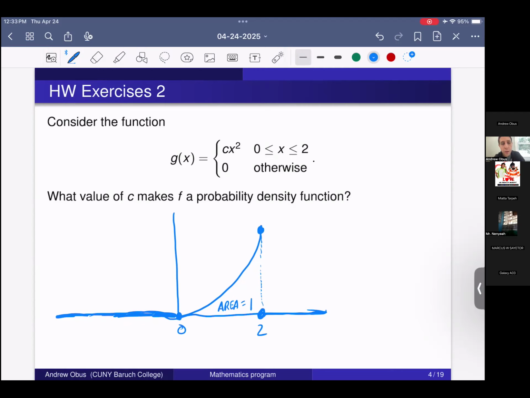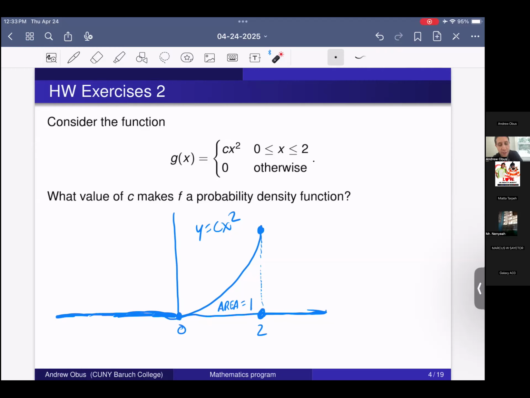Okay. So can we set up an equation? The question is now asking us, let's solve for c. You know, this graph is y equals cx squared. Can we find the correct value of c that makes this area equal to 1?